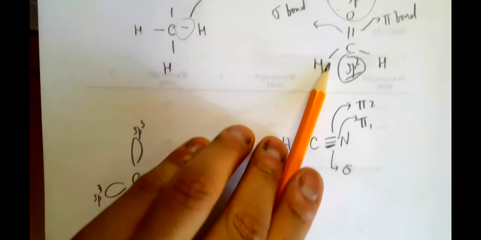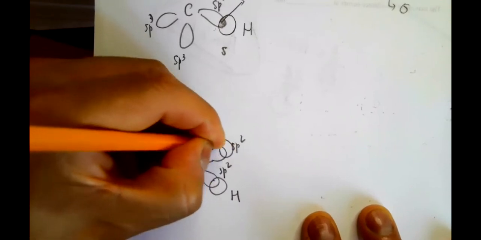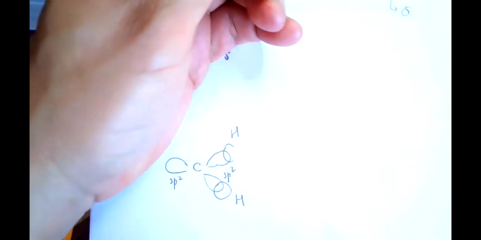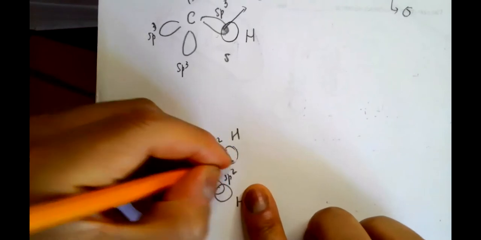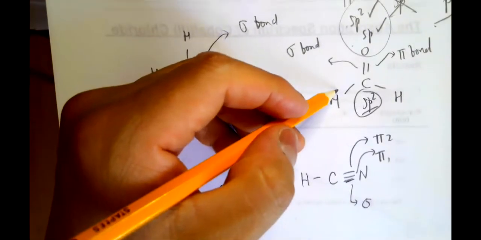Let's do this one, H H. Each hydrogen will bond to the carbon. I should have written it this way. Here. Okay. The hydrogen here forms a sigma bond. Here, who is here? Well, I have C double O.